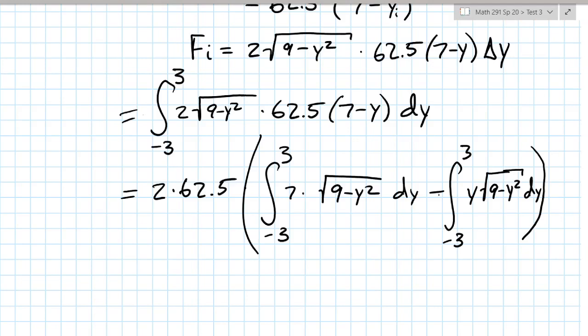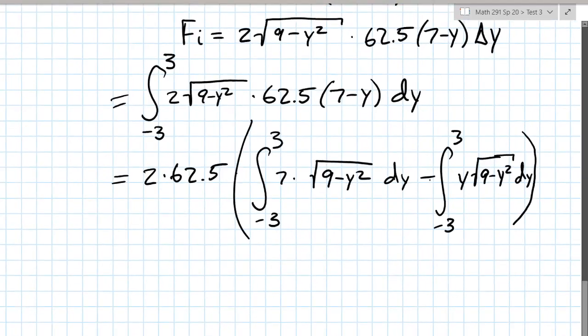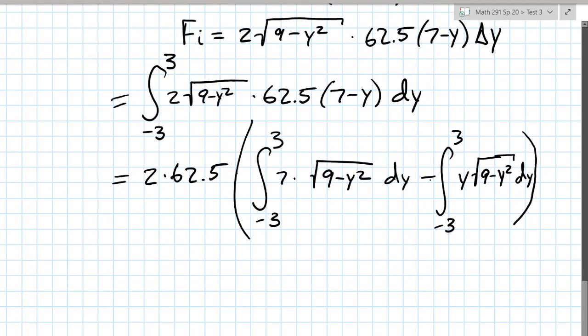And if you're watching closely, you'll notice this is an odd function integrated from -3 to 3, so it will give us a 0 right there. Then for the second part, we have a couple of options.